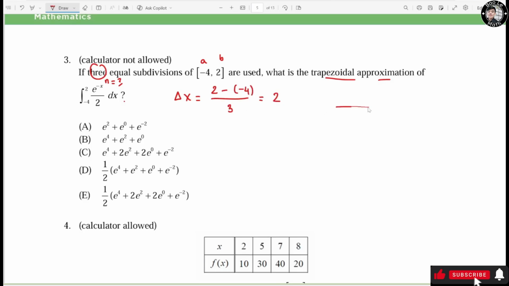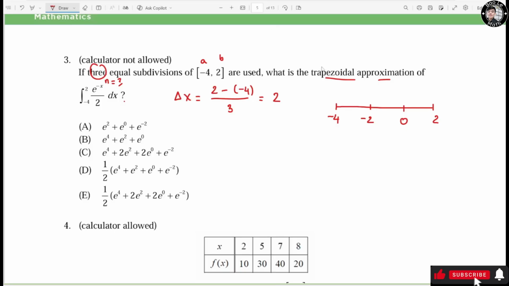So we draw the number line right here. A equals -4, b equals 2, and you have 3 subintervals. So just divide this into 3 subintervals. Now delta x is 2, so -4 plus 2 is -2, and this is 0.